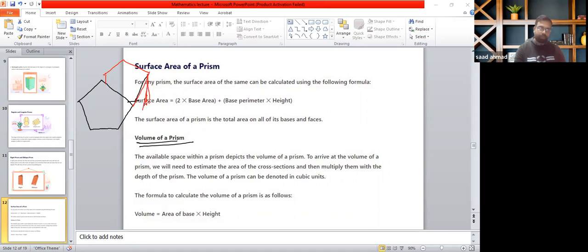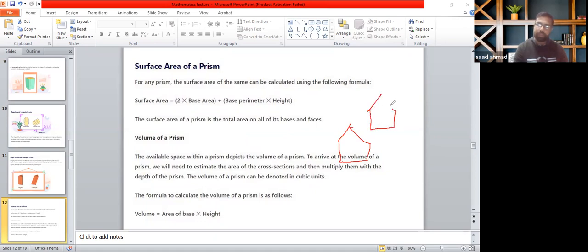Wait a second. Let me just try to draw it again. Sorry. Let's have one pentagon. Let's have another one here, like this. Okay, let's now join it.